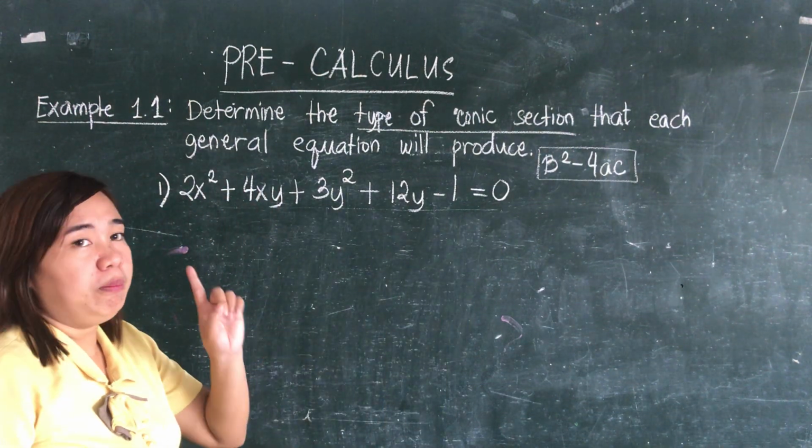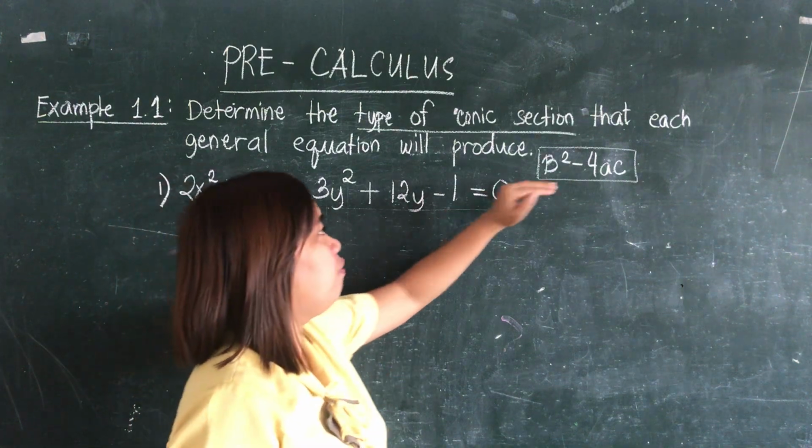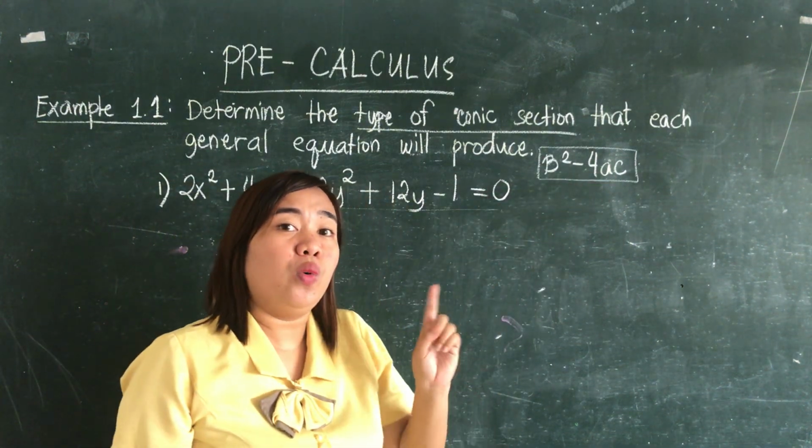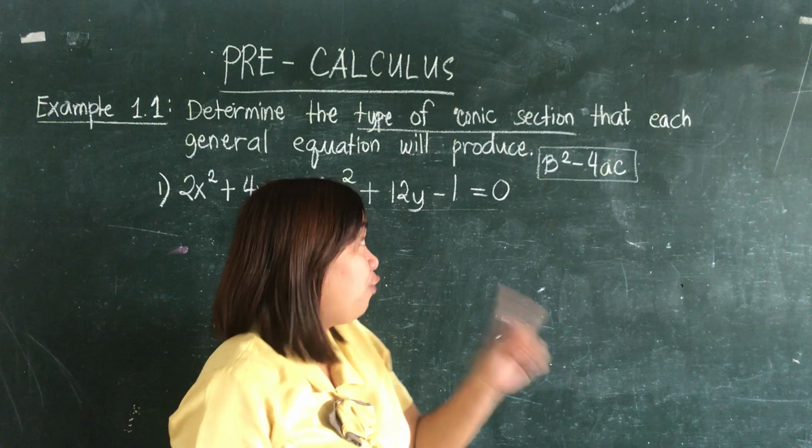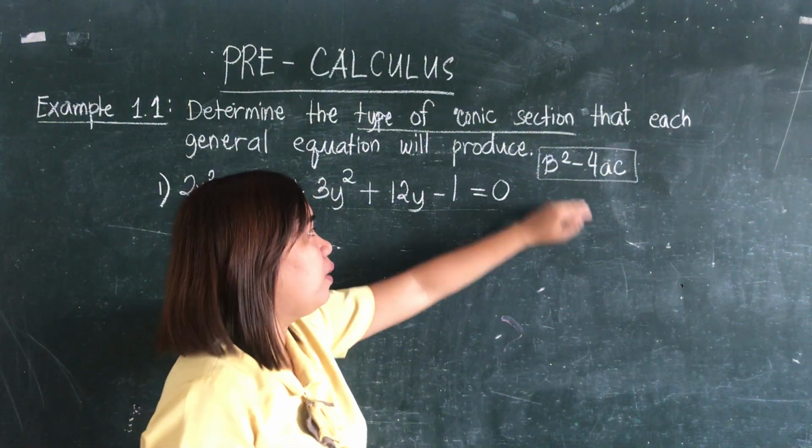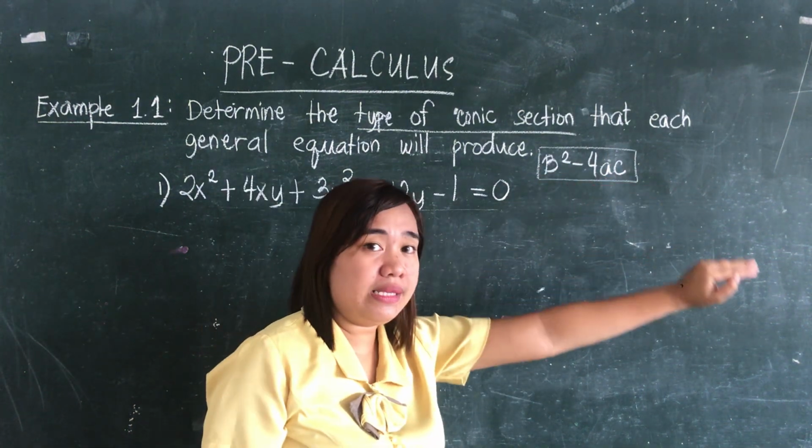But of course, before we know the value of b squared minus 4ac, we need to identify first the value of b, a, and c.